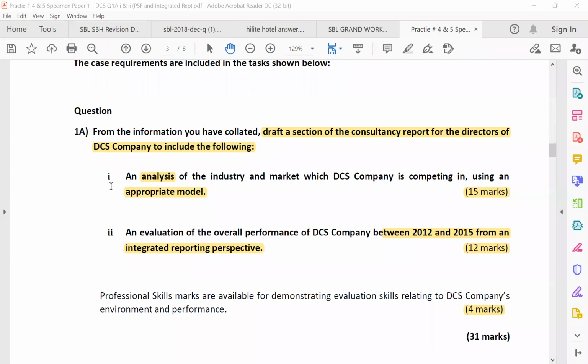I will also show you the platform, and how to make it more appropriate for yourself. But make sure that you are solving each and every question on the ACCA platform, even the practice questions that you are doing, right? So it's 7:25.